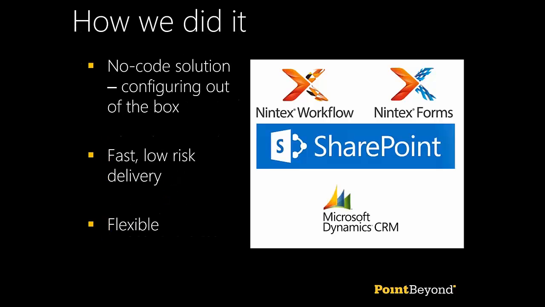So I want to talk a little bit more about how we did it and how we built the solution. What we've done is we've taken a no-code approach to delivering the solution, and we've delivered it through configuration of out-of-the-box tools. In particular, the tools that we've used are SharePoint 2013 on-premise, although note that you could use a similar approach with SharePoint Online in Office 365.